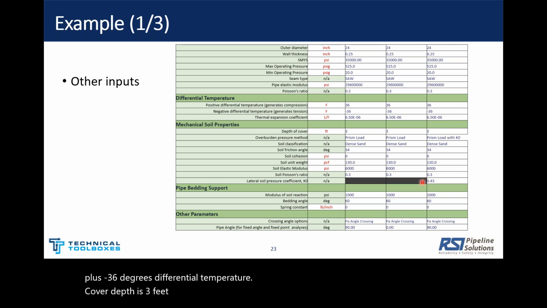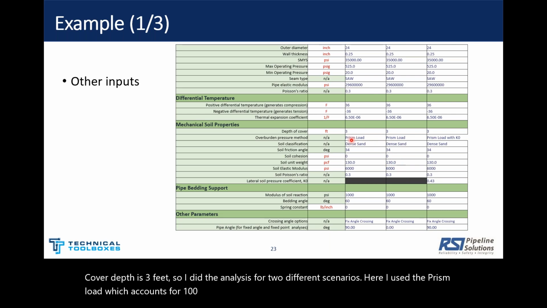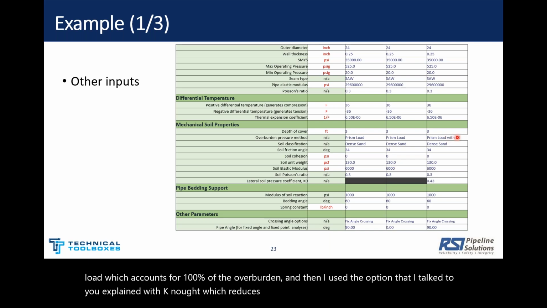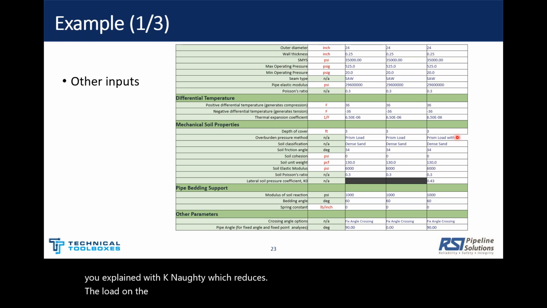So I did the analysis for 2 different scenarios here. I used the prism load, which accounts for 100% of the overburden. And then I used the option that I explained with K naught, which reduces the overburden load on the pipe. So here, the K naught value that I entered is 0.43.